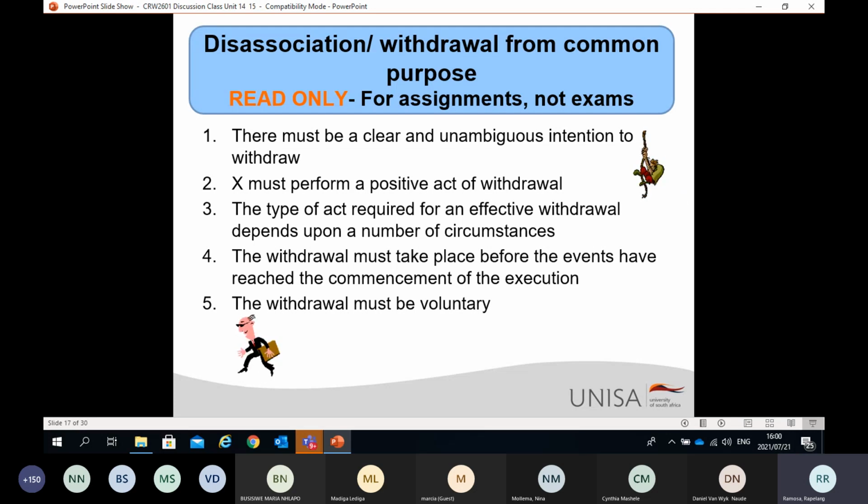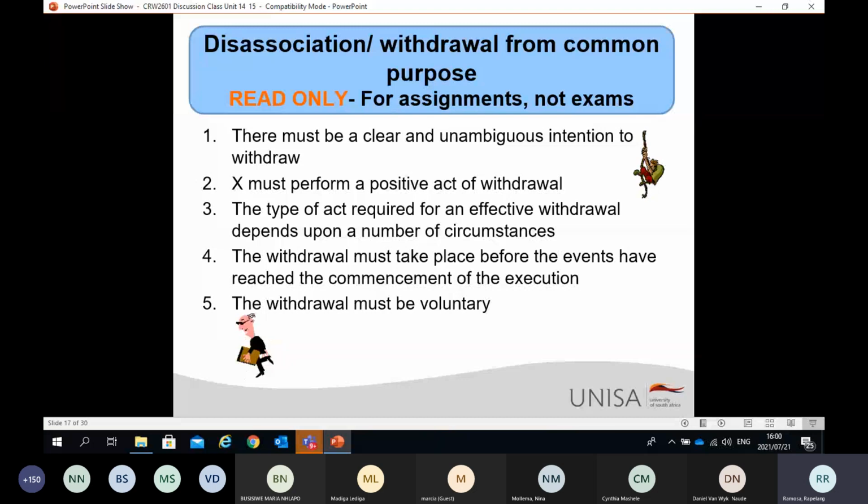The principle being, in short, that the deeper you go into an agreed plan and an agreed endeavor, then more would be required from you to establish that you actually withdrew. And that more could also involve you sabotaging your co-conspirators. That more can involve you maybe informing the police or other people to intervene and prevent that from happening.